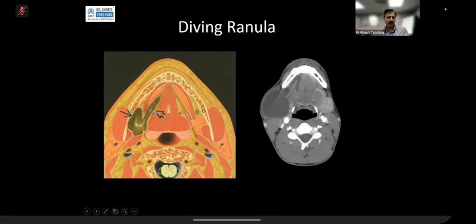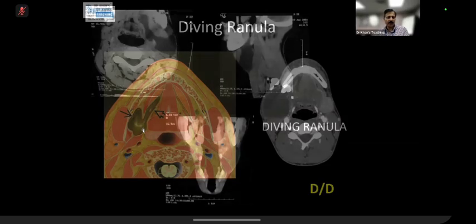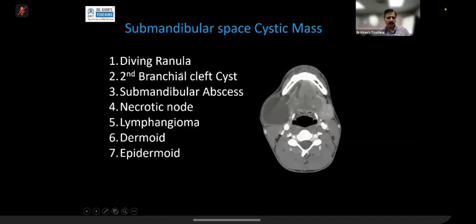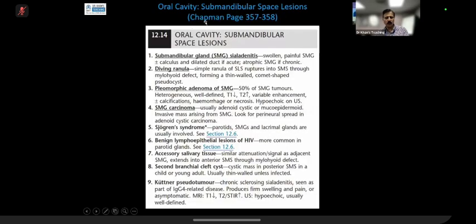Part of it is in the sublingual space, part of it is in the submandibular space. So this differential diagnosis should be in your mind. It is extremely important. This is in your book, there is a differential diagnosis of submandibular space lesions, but it does not discriminate between cystic and solid.